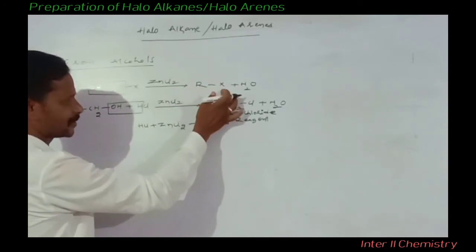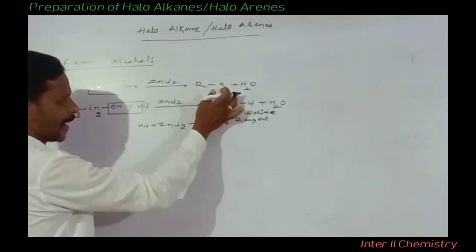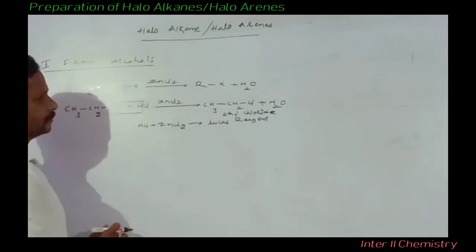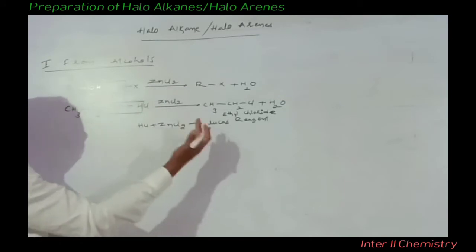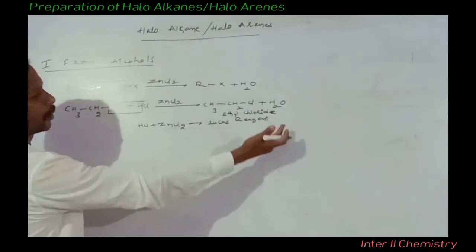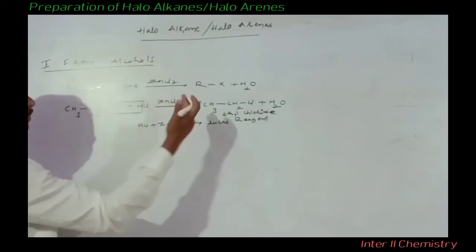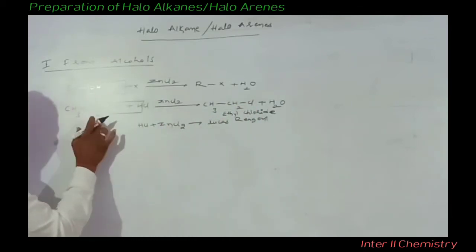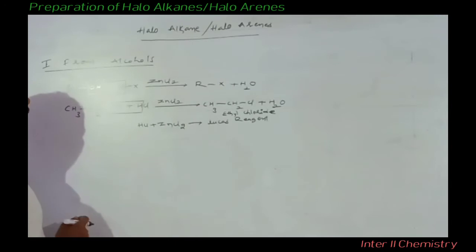Alkyl halide is the common name; haloalkane is the IUPAC name. We can prepare any alkyl halide, such as ethyl chloride, methyl chloride, and with three carbons we get propyl chloride.